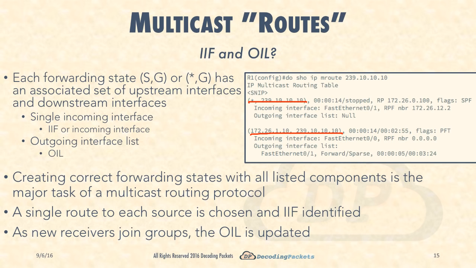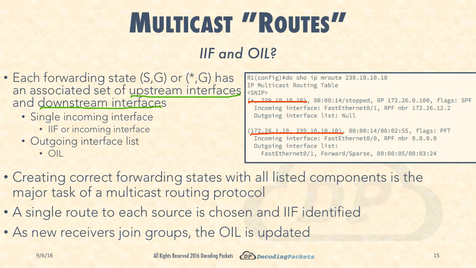In multicast, for the very, very basics, I need to know the associated set of upstream interfaces. So what upstream interfaces relate to those entries, the S, G, and the downstream interfaces. Because that's where the packets are going to come from, and that's where the packets are going to be forwarded to.